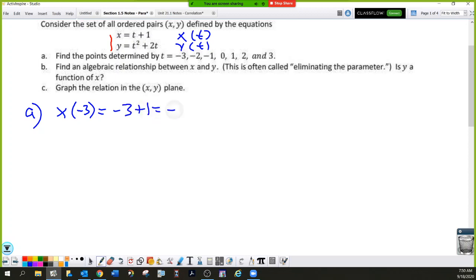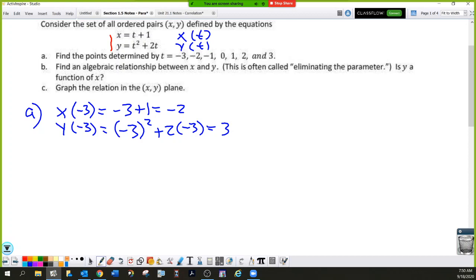Simplifying gives me -2. And then y of -3, that one's a little bit more complex because that one's a parabola for the y values. So we have -3 squared. Make sure that you use your parentheses, otherwise you'll get a wrong number there. Plus 2 times -3. Quick maths. 9 minus 6, so 3.